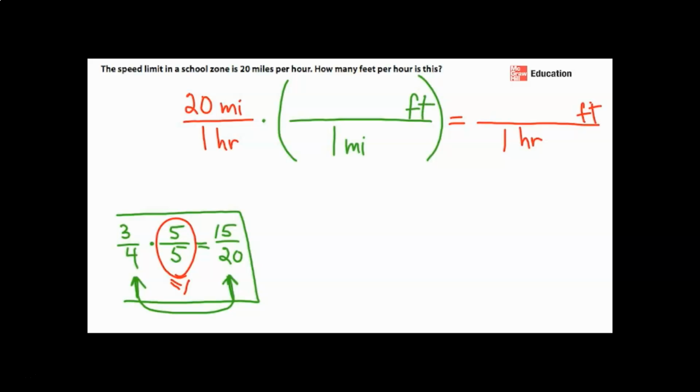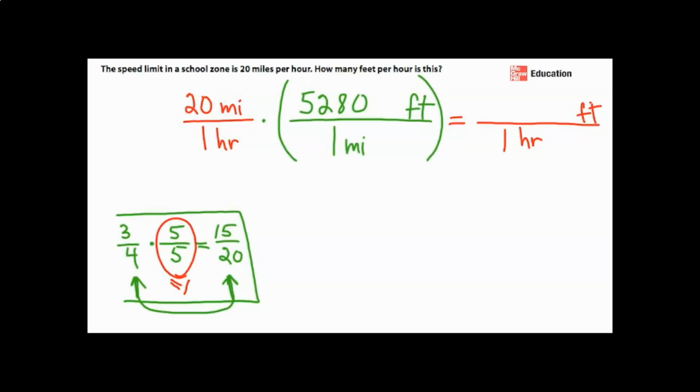And the question we have to ask ourselves is, how many feet are in a mile? We remember that that's 5,280 feet. So again, even though this fraction doesn't look anything at all like the number 1, it is, because the numerator, 5,280 feet, is the same as 1 mile.